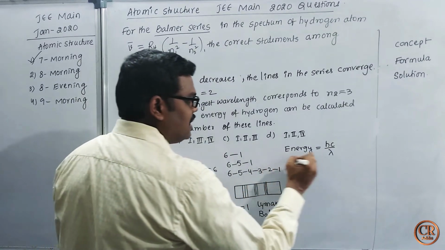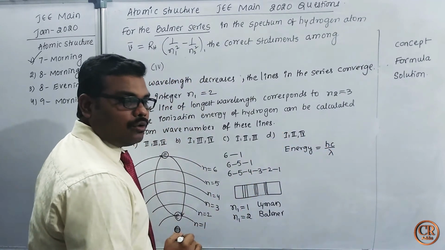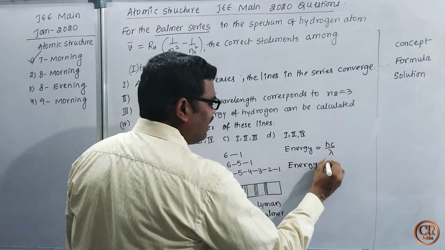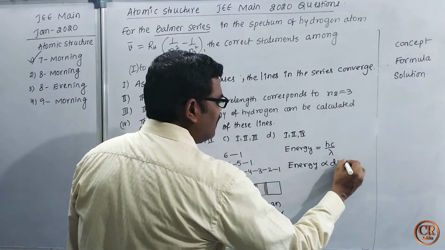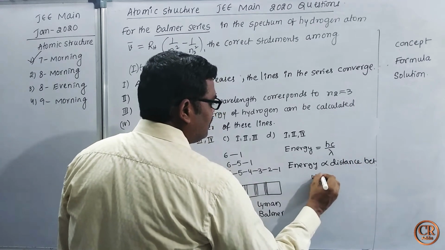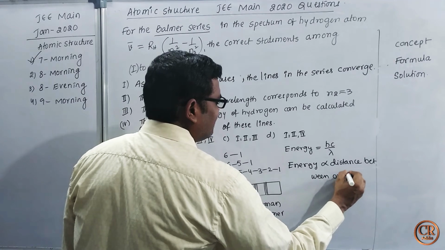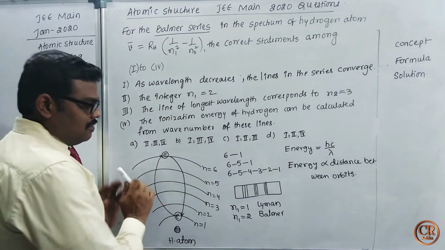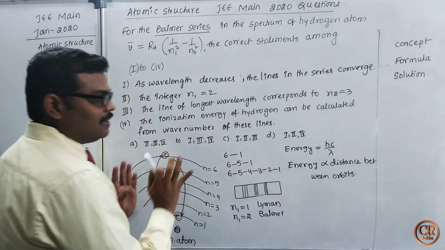So energy is inversely proportional to lambda, and this energy is directly proportional to the distance between orbits. So this is the required concept to solve this problem.